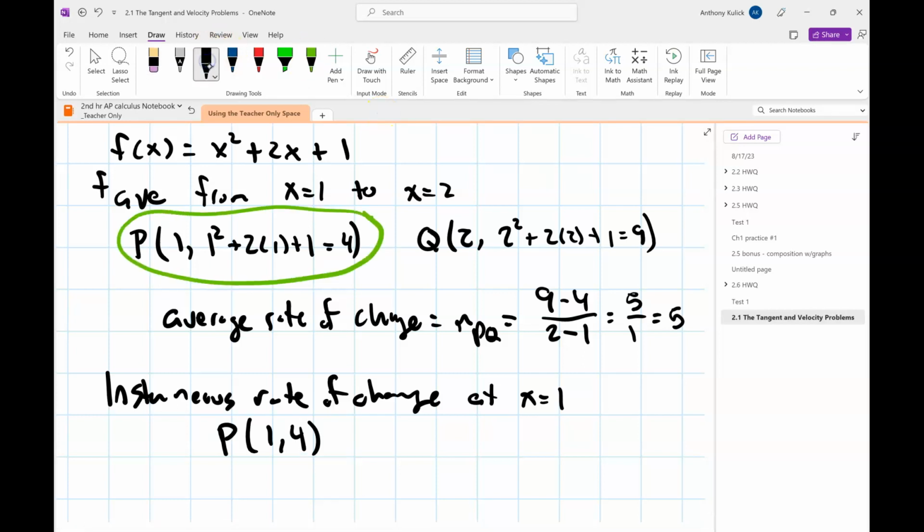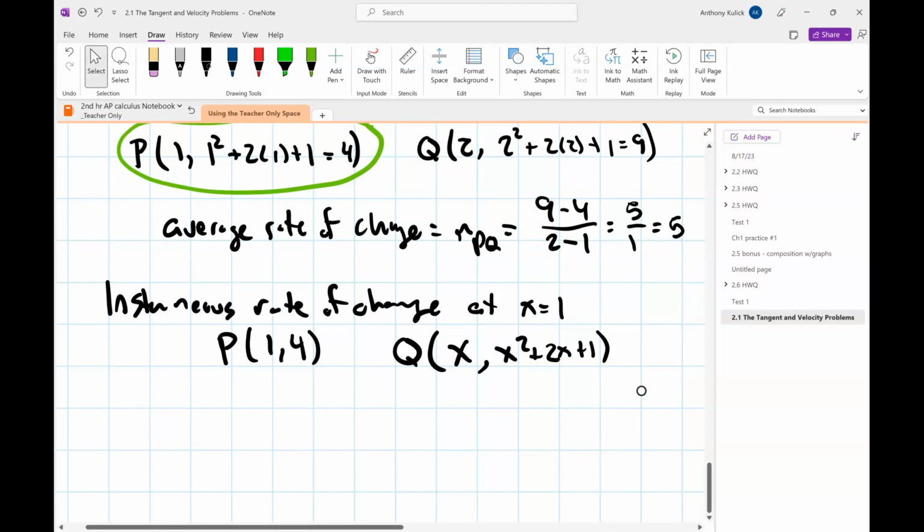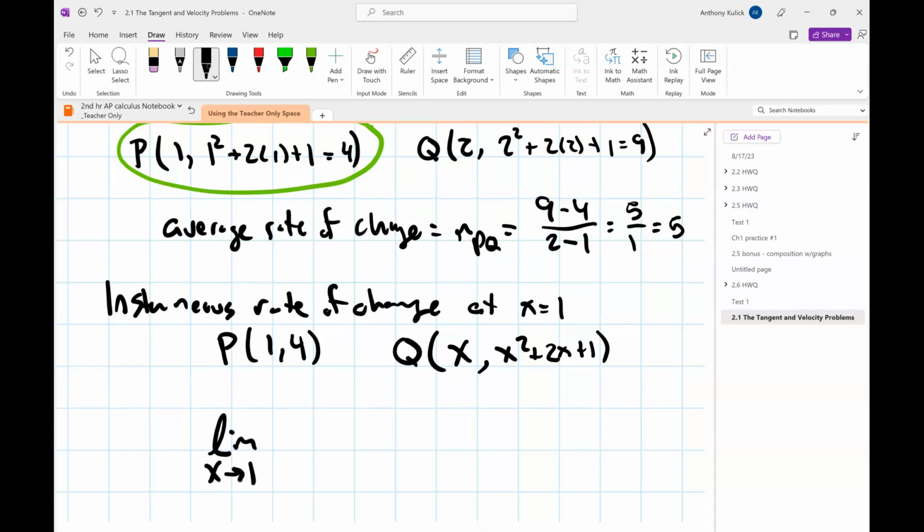And then I have a general point Q, (x, x squared plus 2x plus 1). So what am I going to do? I'm going to take the limit as x approaches 1 of x squared plus 2x plus 1 minus 4 over x minus 1.